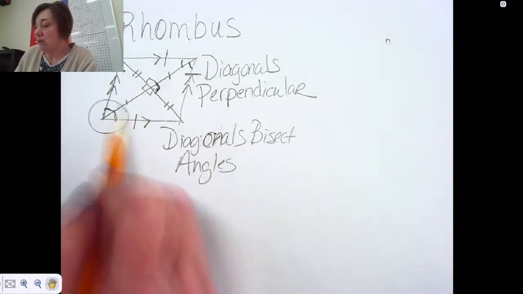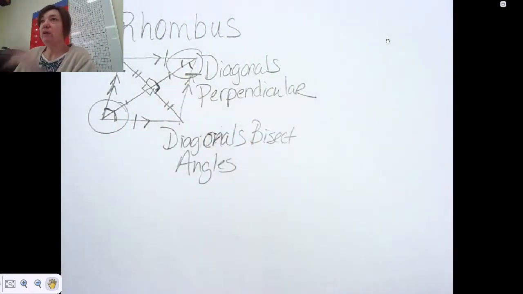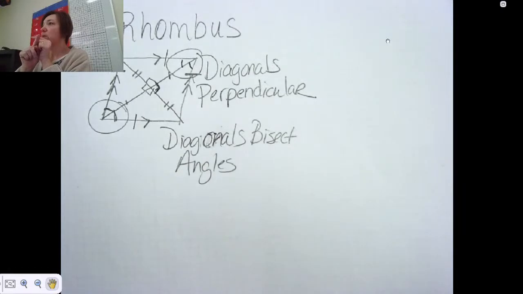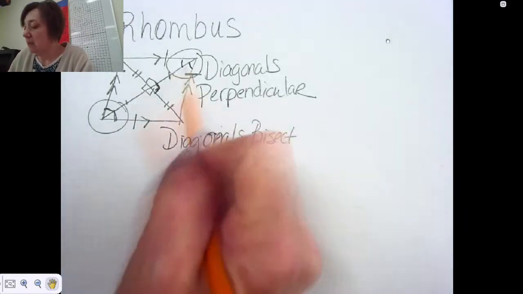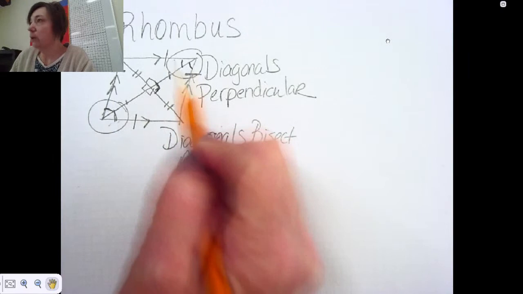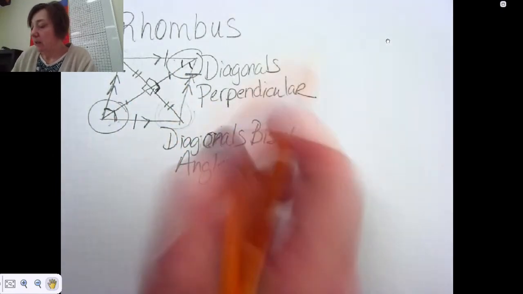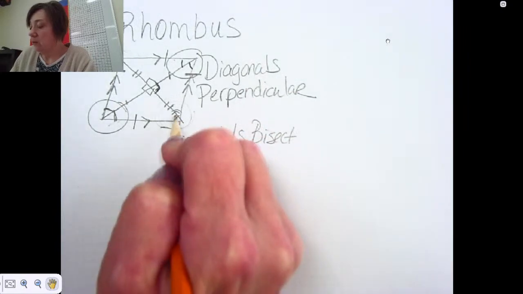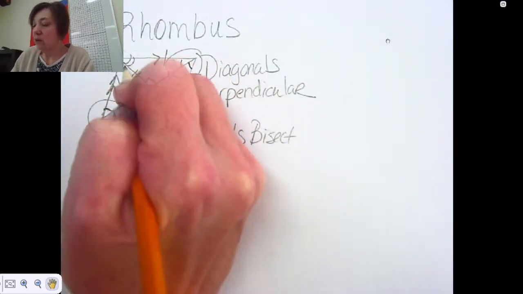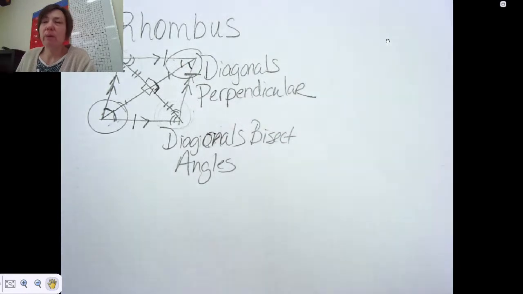But we also know that these two angles are congruent to these two angles because of the parallelogram thing. Remember that? So that means that these angles are all four congruent to each other. And the same thing if we go this way, right? This angle and this angle, and this angle will all be parallel. I mean, not parallel, congruent. Right? So they're all congruent.